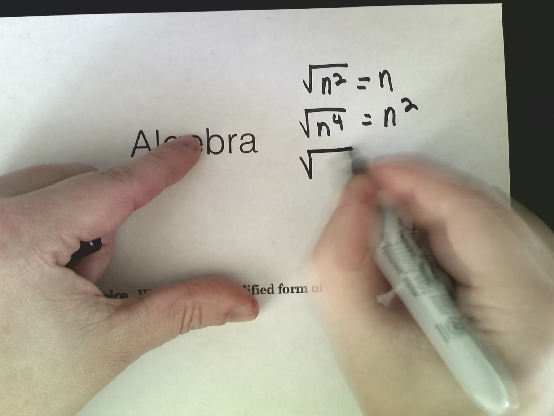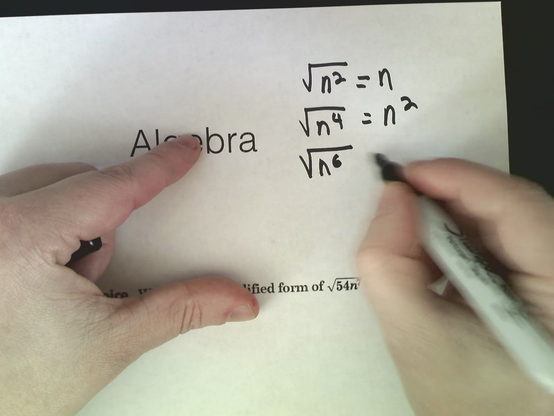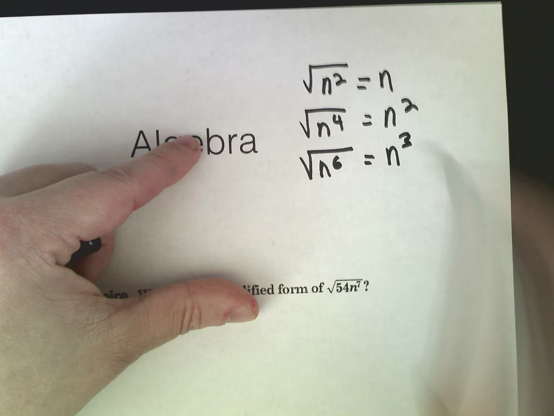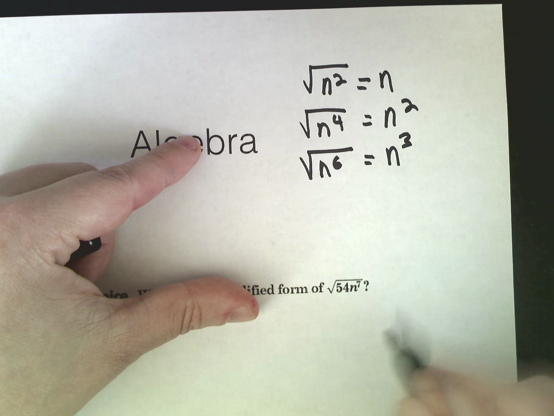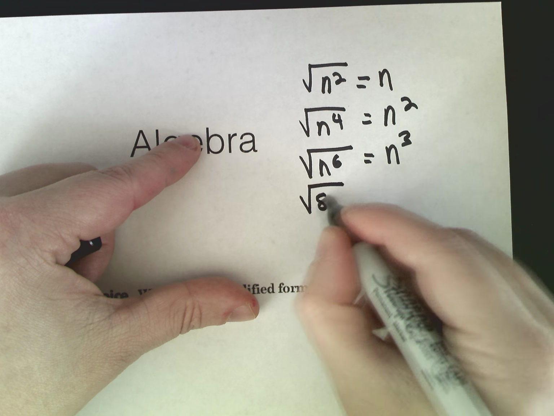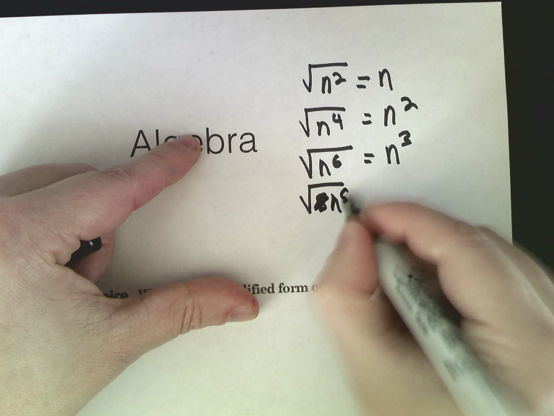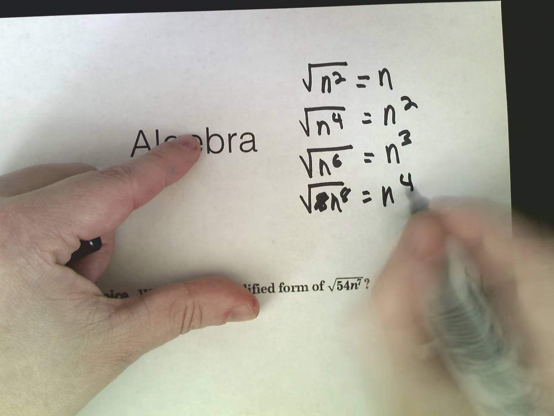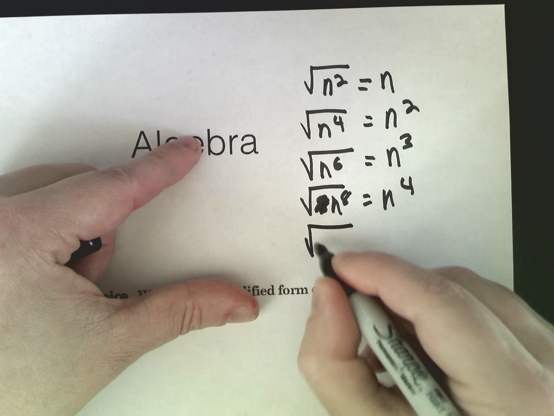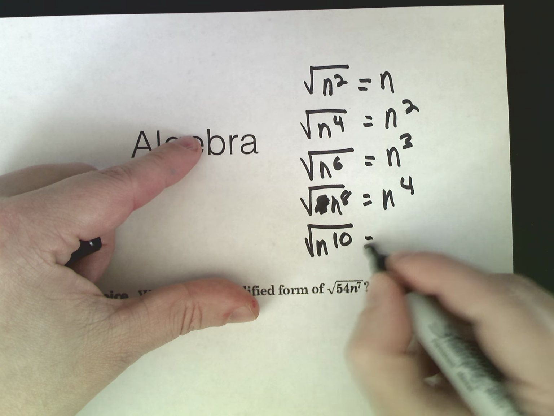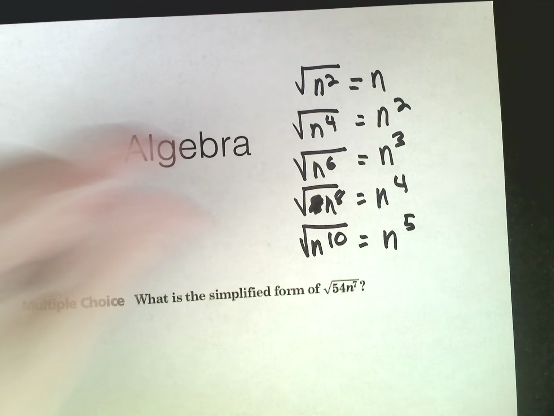The square root of n6, 6 divided by 2 is 3. The square root of n8 is just n4. The square root of n to the 10th power is n to the 5th power.